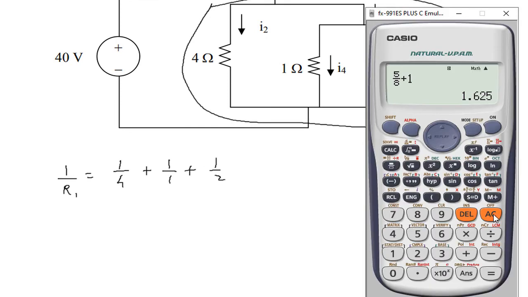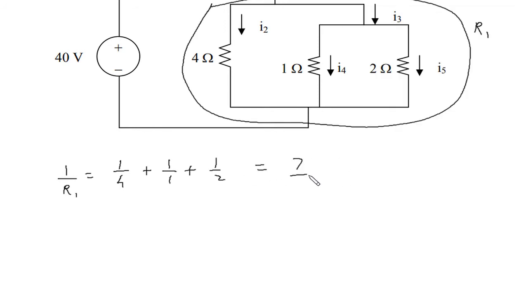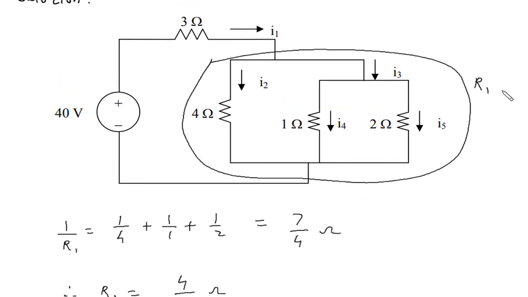This will be 1.75, or 7 by 4. Therefore, R1 is equal to 4 by 7 ohm.